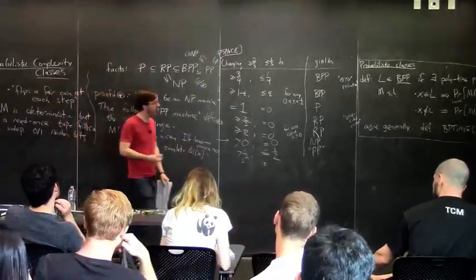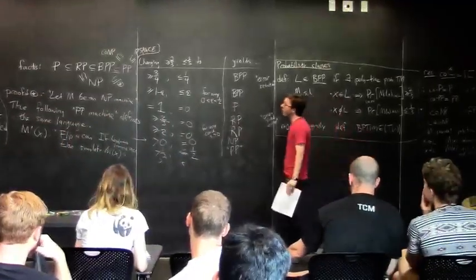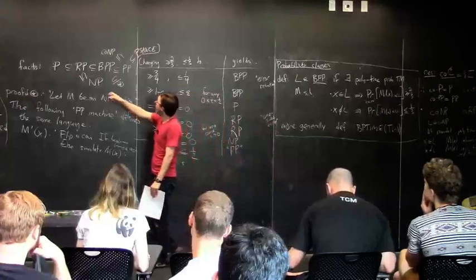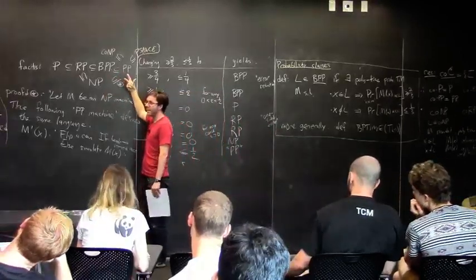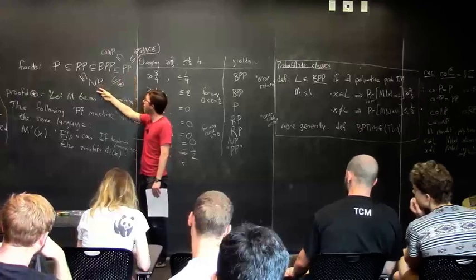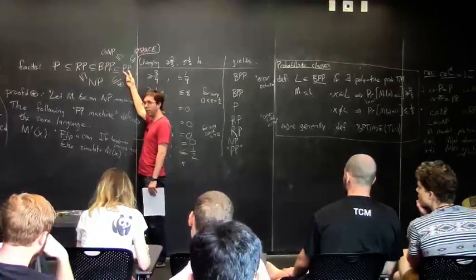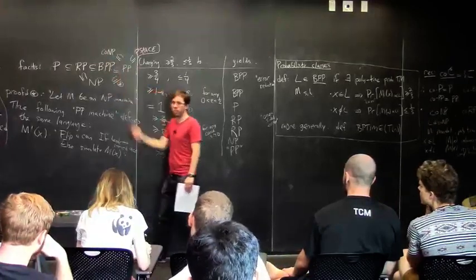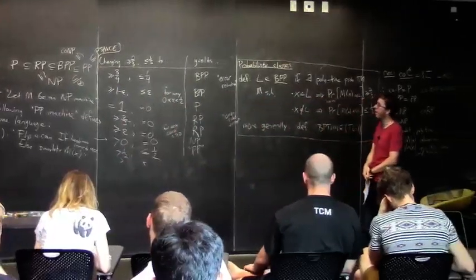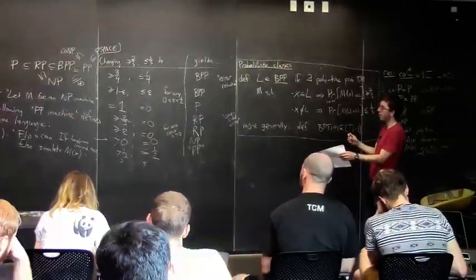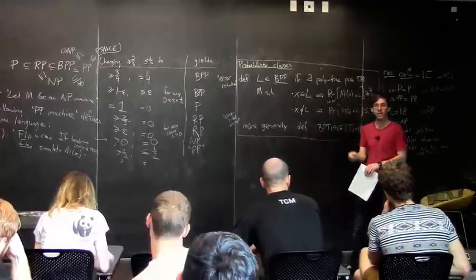Or another way to do it, and this is a trick to get used to, is we know that NP is contained in PP. Therefore, it's immediate from the definitions that co-NP is contained in co-PP. And then you say, but co-PP equals PP, so therefore co-NP is contained in PP. So that's a common little argument that you see in complexity theory. If you have an inclusion, you can take the co of both the classes, and then sometimes you already know that one of the classes is closed under complement.